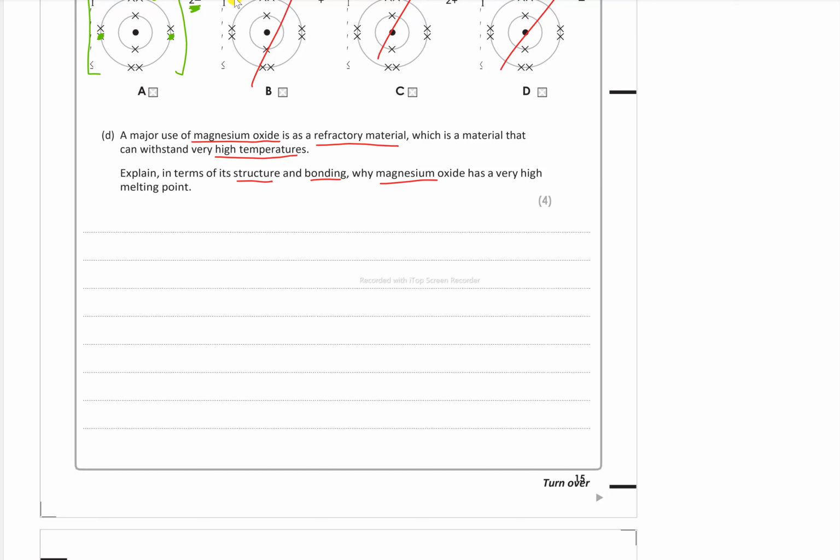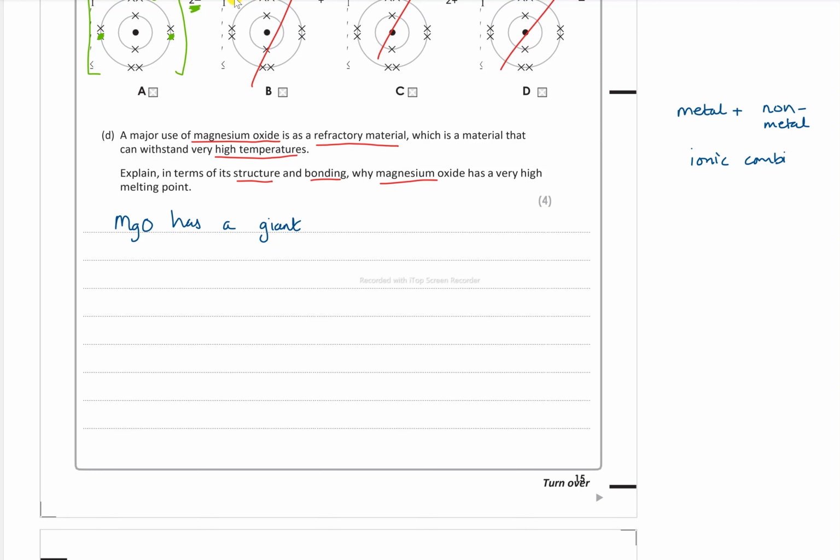Right. So magnesium oxide has a giant, right, because you've got a metal and a non-metal, you get an ionic compound.